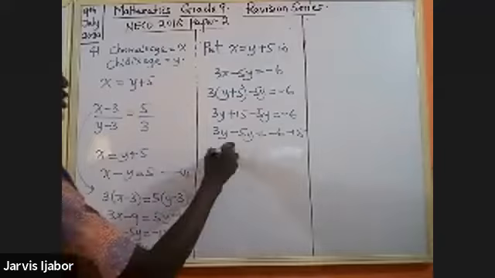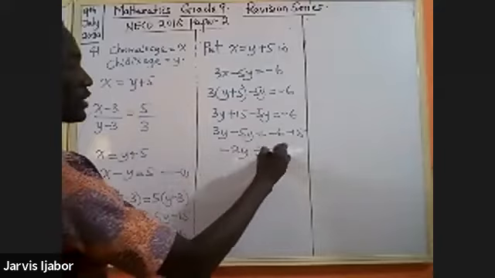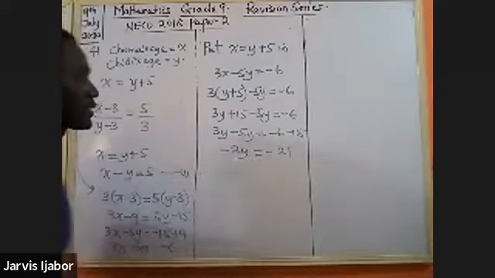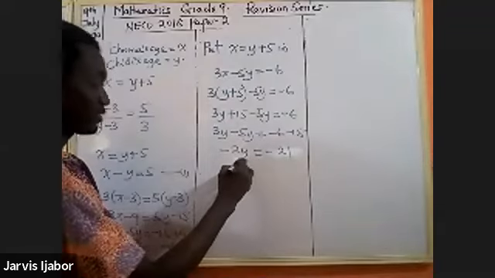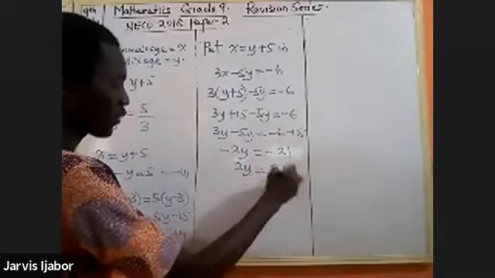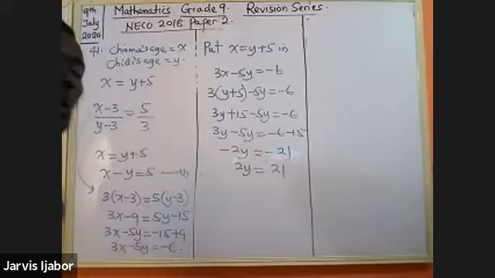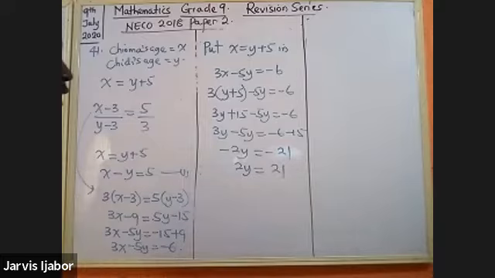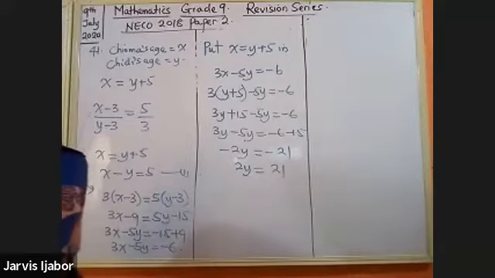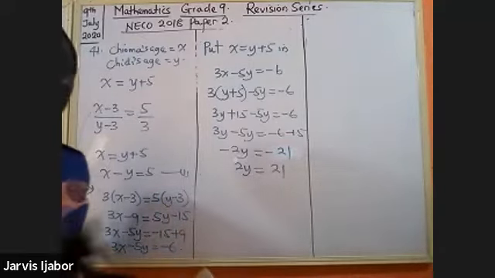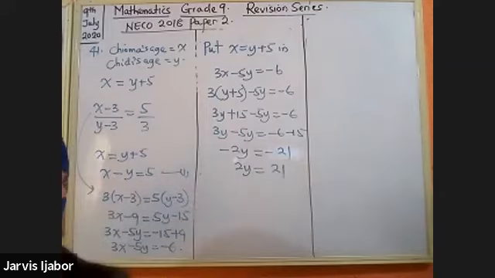So this will be negative 2y equal to negative what? 21. Meaning that 2y is equal to 21. Somebody will tell me, Uncle, let's divide both sides by negative. No, that's not the thinking in modern maths. If the bad of one is equal to the bad of another, it means both their good sides are the same.